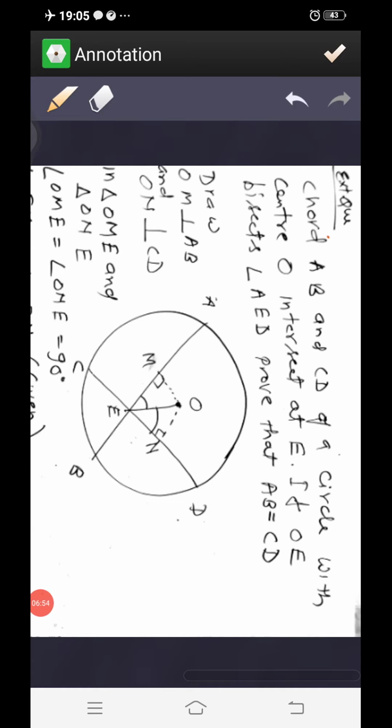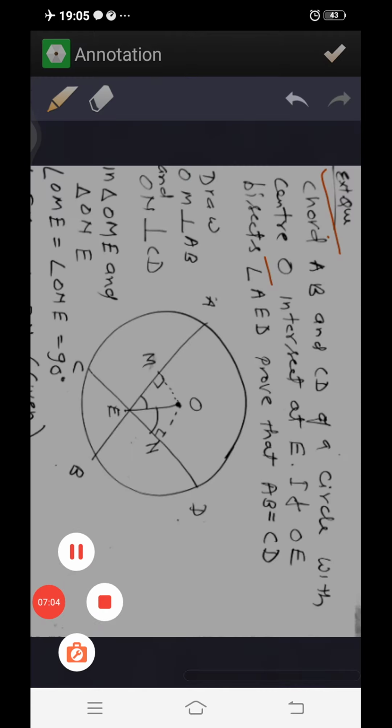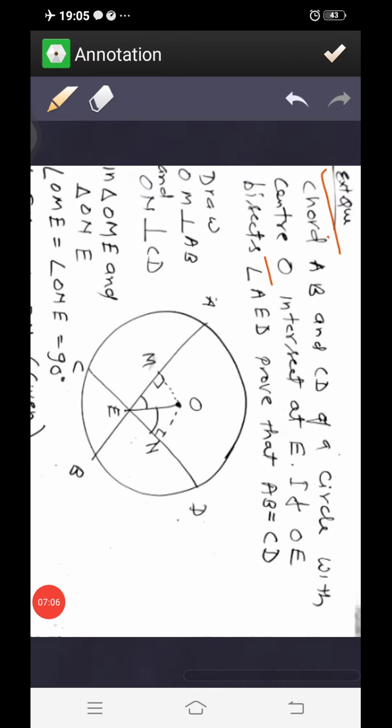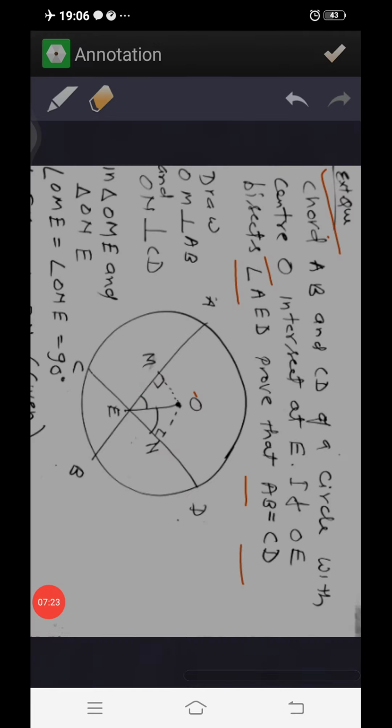See one extra question. Chords AB and CD of a circle with center O intersect at E. If OE bisects angle AED, prove that AB equals CD. So here we can see that this line OE bisects angle AED.